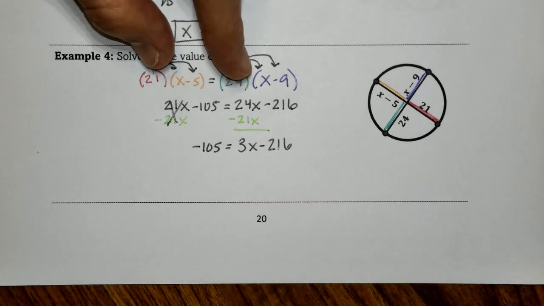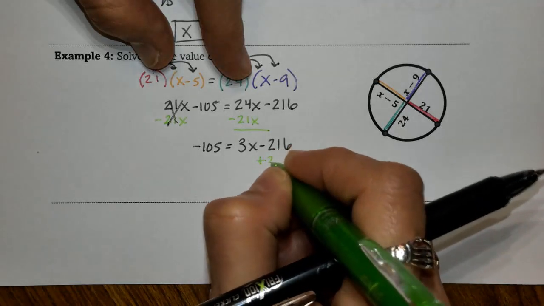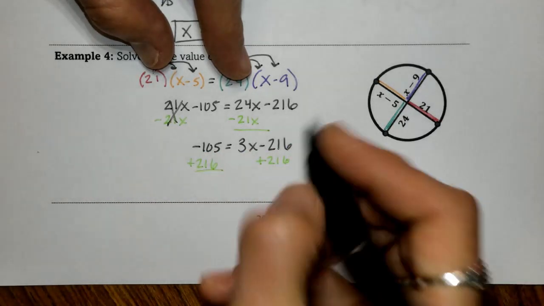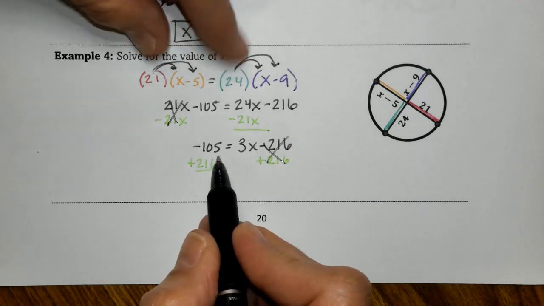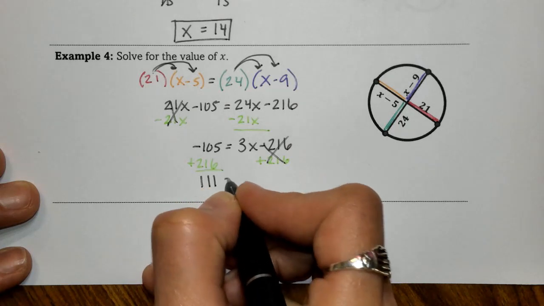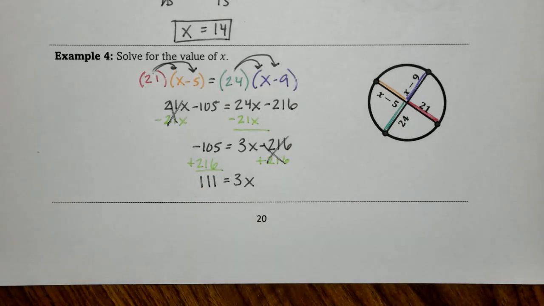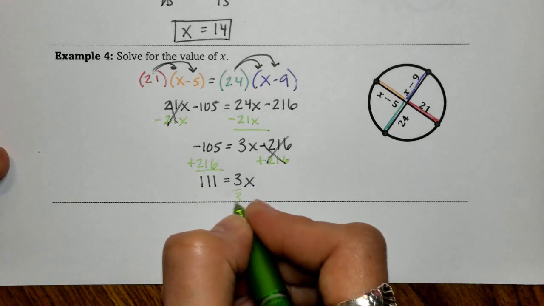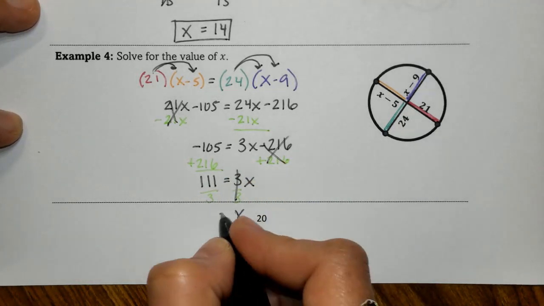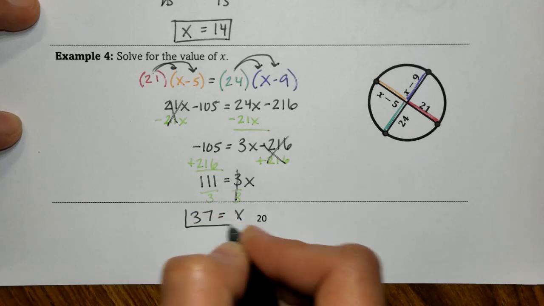Don't worry, we won't have this negative number because we're going to take care of it now. Add 216 to both sides. When we take negative 105 and add 216, we're going to get a positive 111. We just divide by 3. And x will come out to be 37.